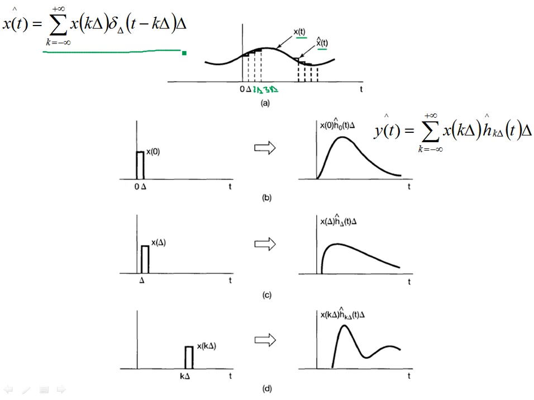this is the expression. x of t can be approximated by x hat of t in terms of delayed and scaled impulses. For example, the first staircase is for k equal to 0, and this is the value of the signal at k equal to 0, multiplied by delta of del t.